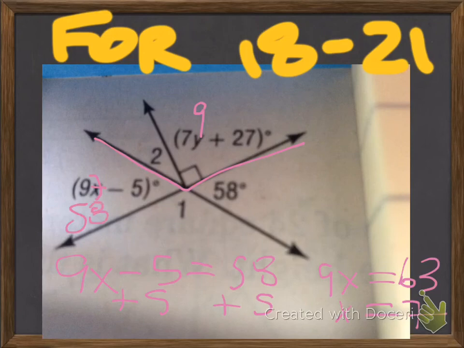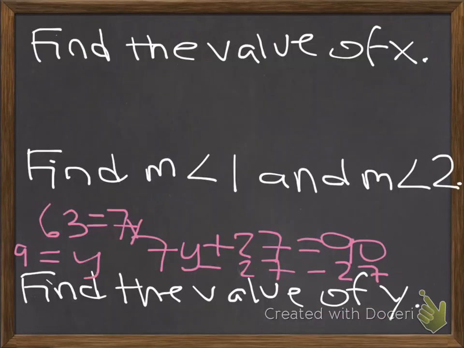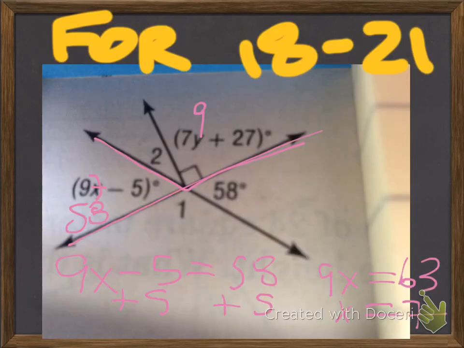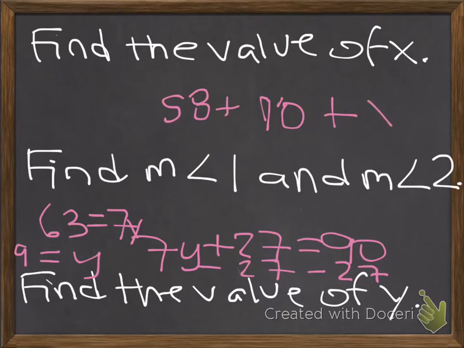And this would be 63 plus, this would be 90. Obviously, it's labeled like that. So 58 plus 90 plus angle 2, all that has to equal the straight angle, or 180. So 58 plus 90 plus x has to equal 180, and you could solve that way.